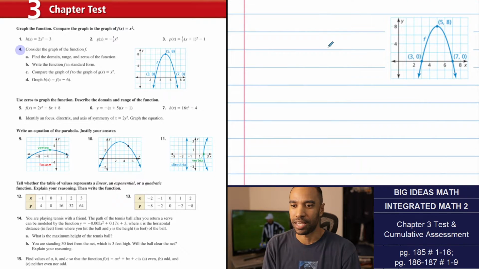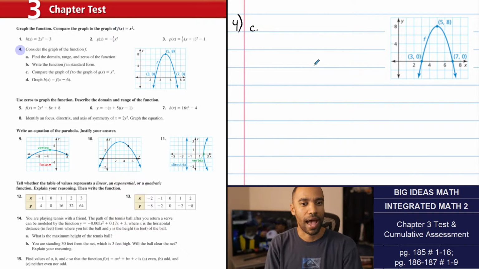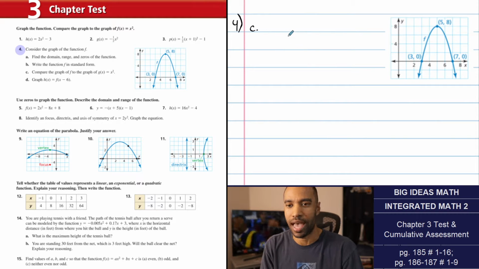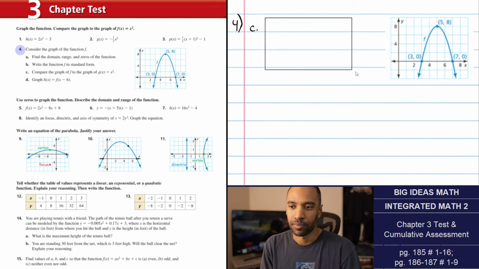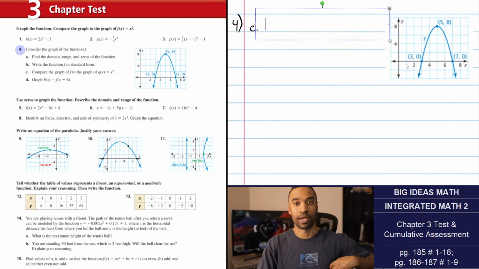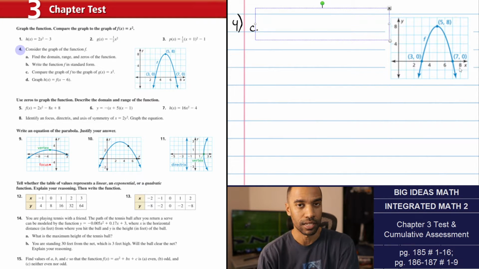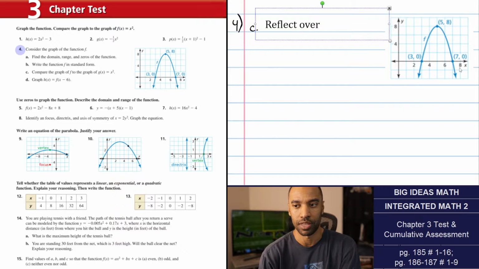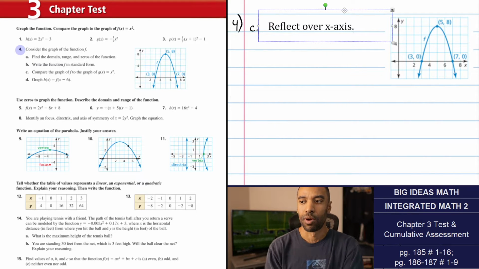So part C, compare the graph to g of x equals x squared. Well, I like looking at the vertex form of this thing because I like to talk about the translations with the vertex. So first of all, as this thing did flip over, you do reflect over the x-axis. There was a vertical stretch.